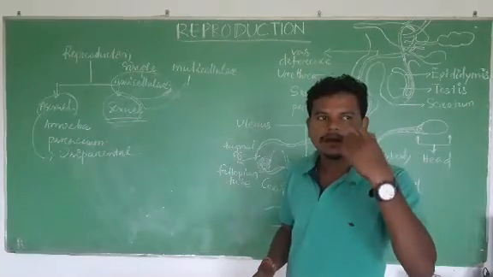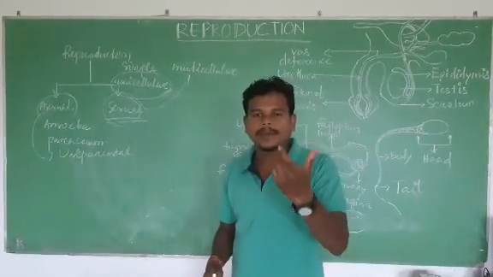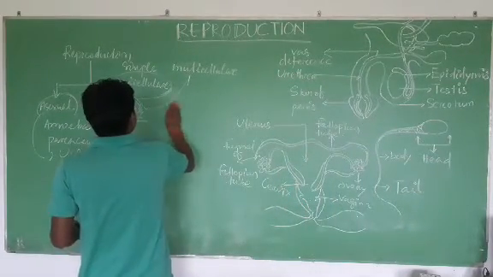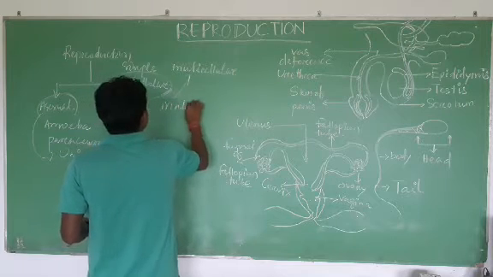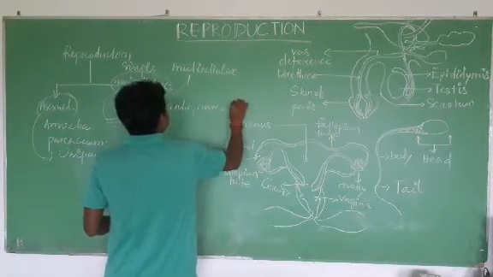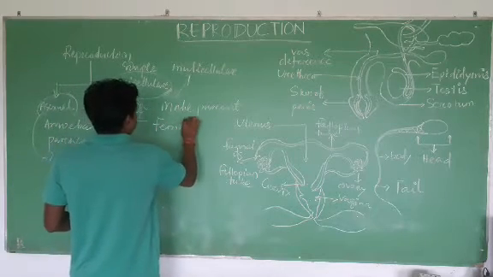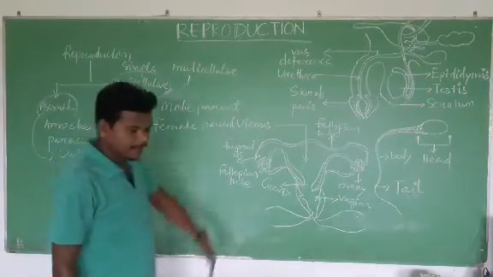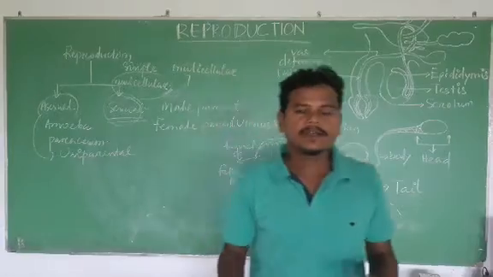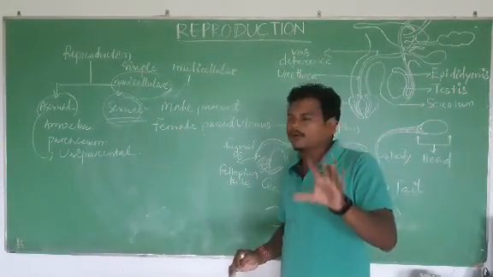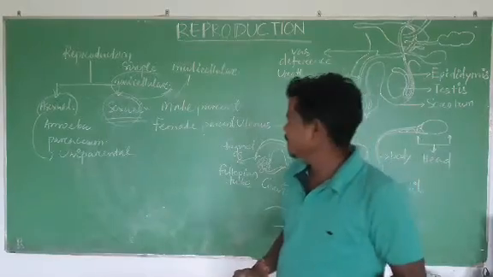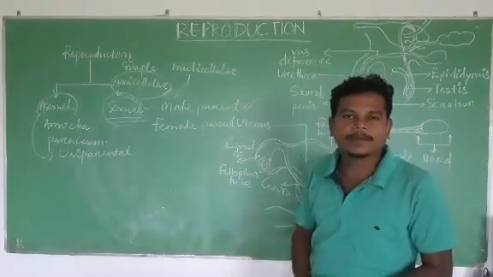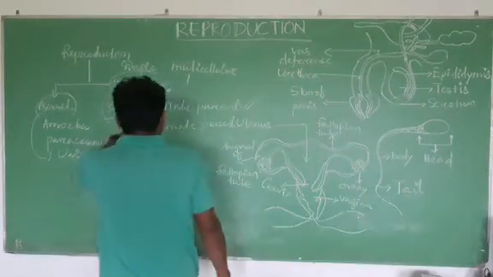We will talk about the male and female parents later, but we should know that the sexual mode of reproduction includes two types of parents, the male parent and the female parent. You can write here male parent and female parent. That means, students, there is a need for two types of reproductive cells.